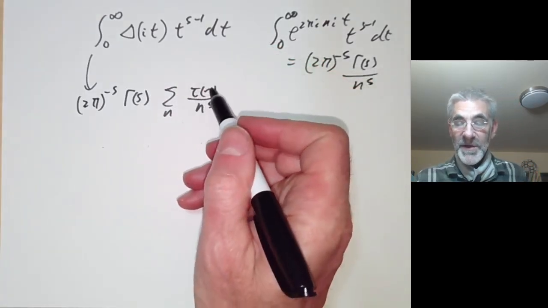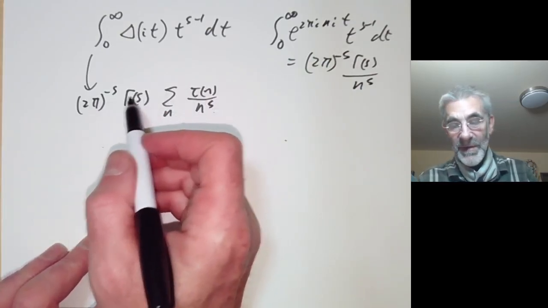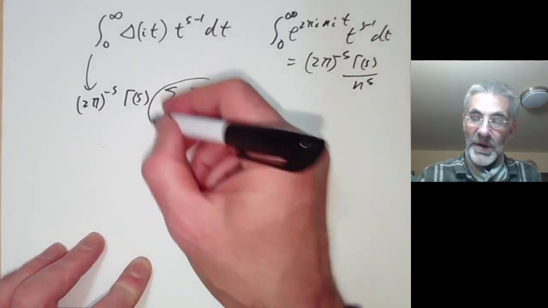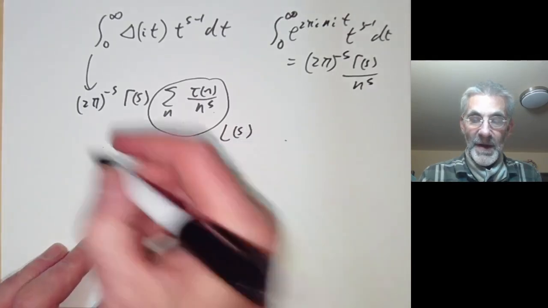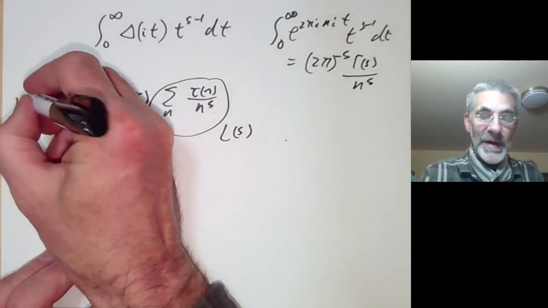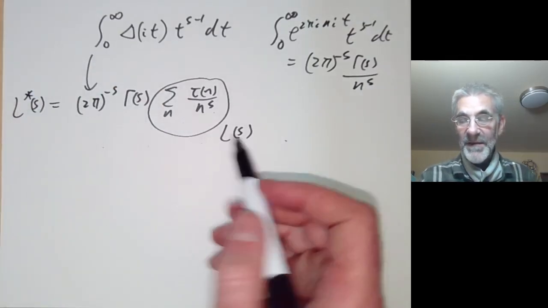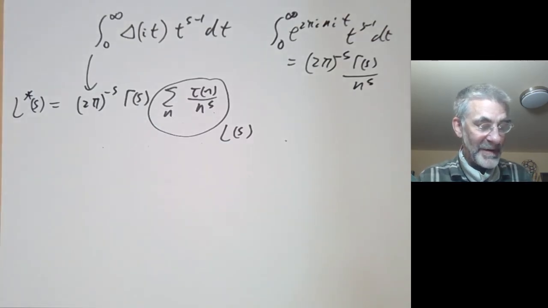So we've turned the discriminant function into a Dirichlet series if you ignore this gamma function and the 2 pi to the minus s. So we can call this bit here L of s. And this whole thing, let's call it L star of s. So L star of s is just L of s multiplied by a gamma factor and a power of 2 pi.